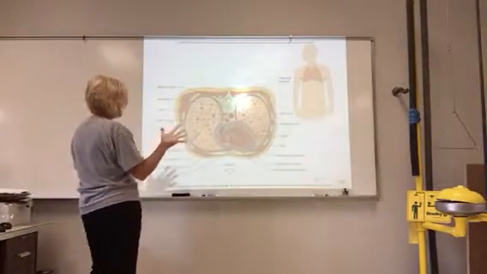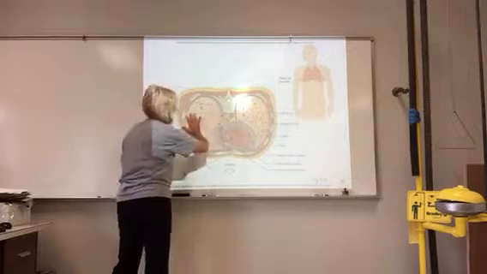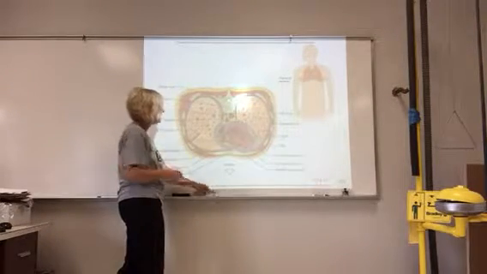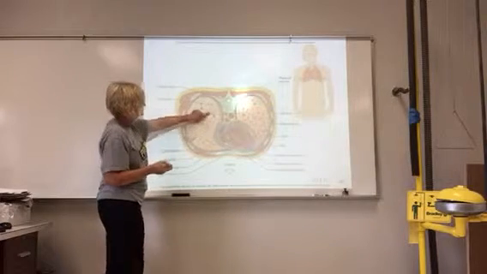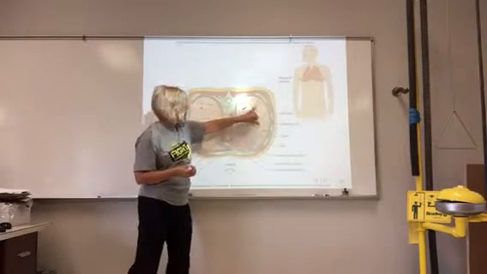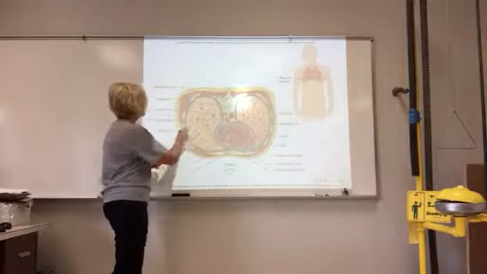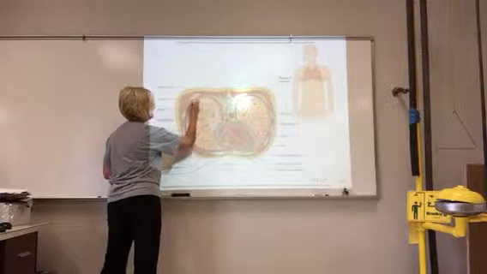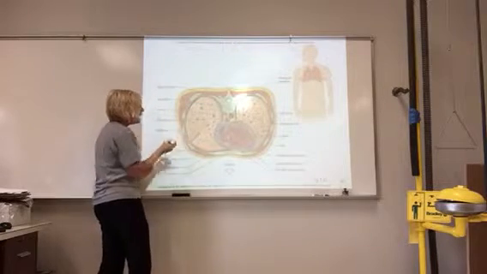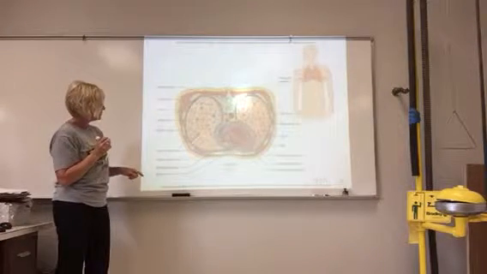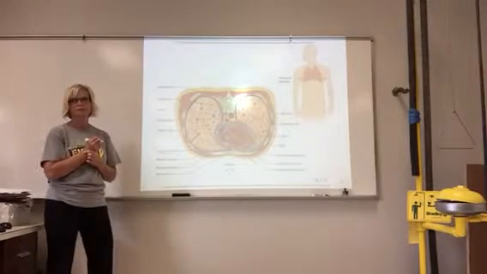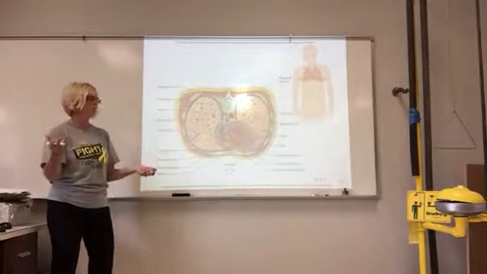So if I look at this from the top, so I've made a horizontal cut, I'm looking down at the organs. Here is a lung, here's a lung. So if this is my lung, the lining right on the lung is going to be my visceral pleura. Visceral lines the organ.